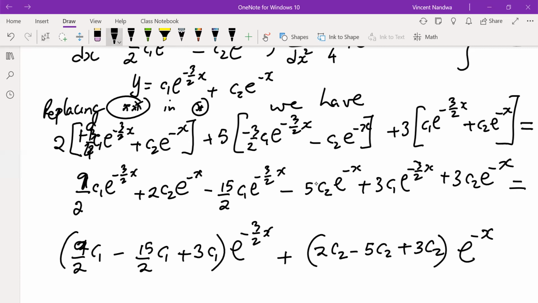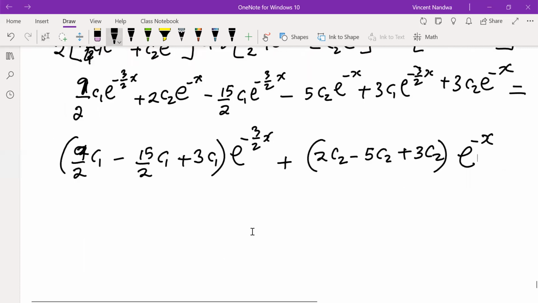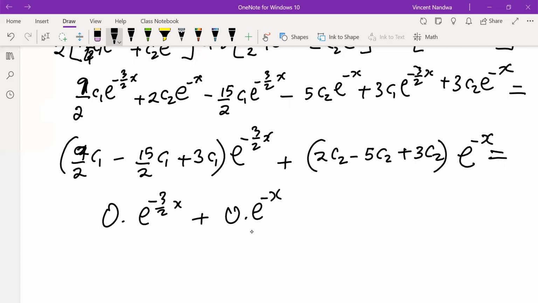Now, 9/2 minus 15/2 gives us -3 c1, then plus 3 c1. This will give us 0 times e^(-3/2 x), plus this will also be 0 times e^(-x), which is 0.